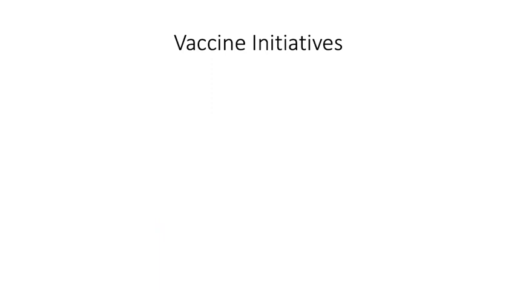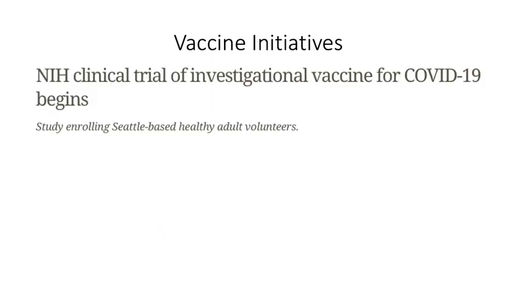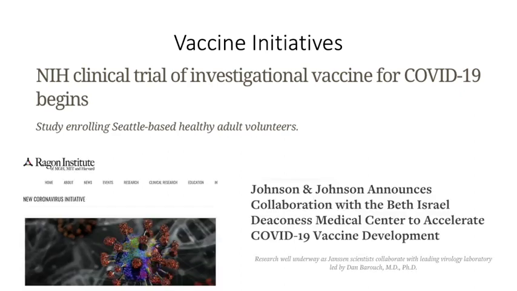And finally, a few words on vaccine initiatives. The NIH just rolled out almost a week ago a phase 1 clinical trial looking at a vaccine. Additionally, Johnson & Johnson have announced a collaboration with the Reagan Institute trying to leverage a vaccine platform for HIV to develop a coronavirus vaccine.